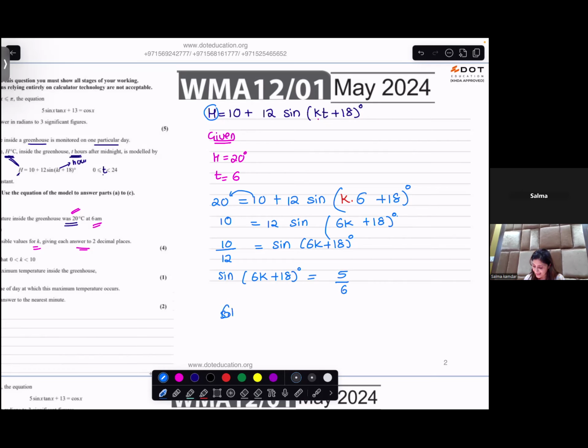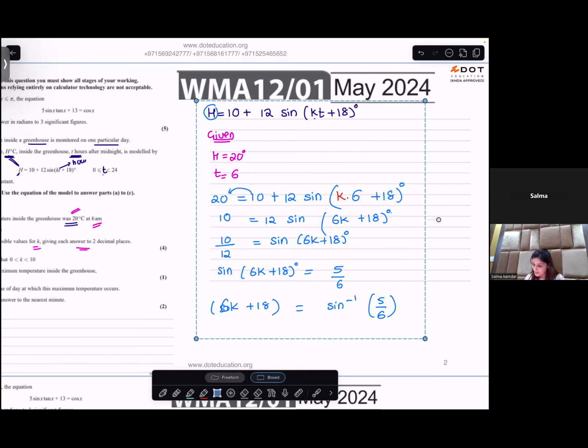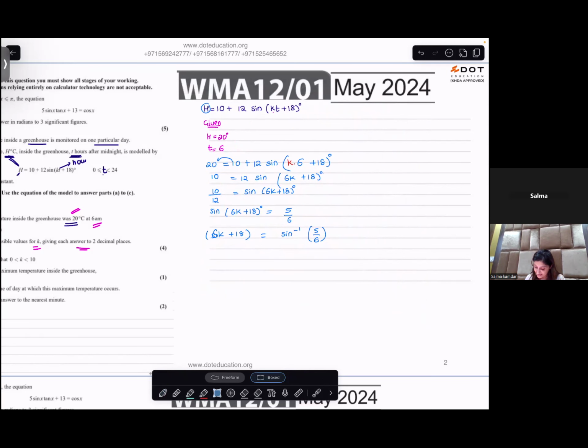sine (6K plus 18) is equal to sine inverse of 5 by 6. Let's use this. 6K plus 18 is sine inverse of 5 by 6.